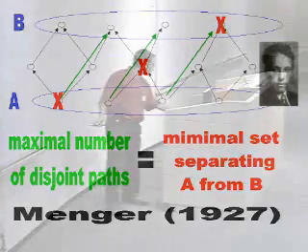But Menger proved in 1927 that there's actually an equality. You can always achieve this bottleneck. So this is a classic theorem. You usually see it in a first course on graph theory or algorithm theory.